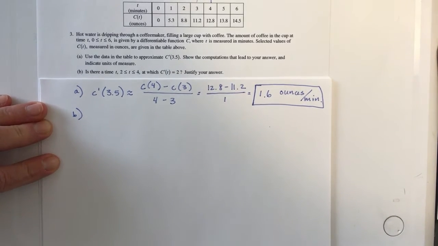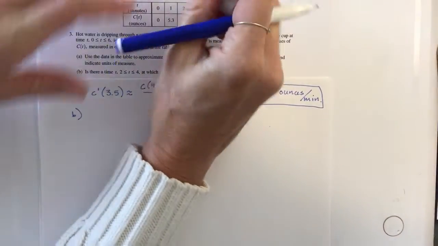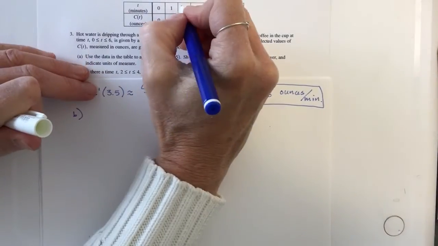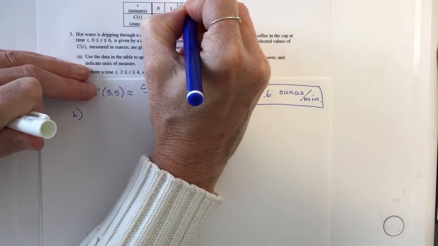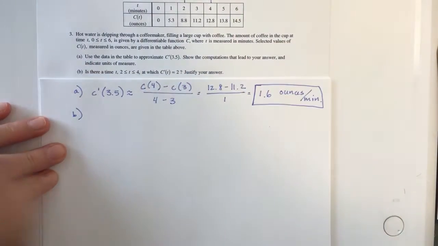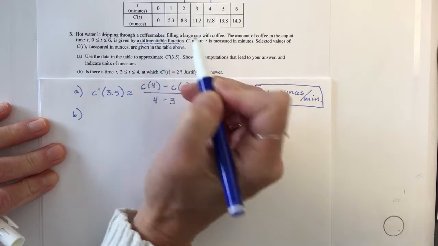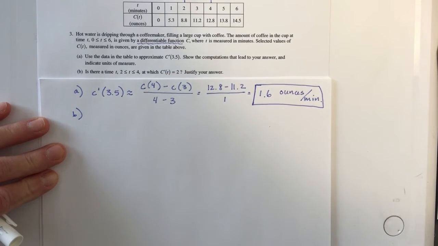So instead of from 3 to 4, I'm going to do the same calculation on 2 to 4, because they told us that it's a differentiable function. So what applies if C is differentiable? You said it. I know you did.